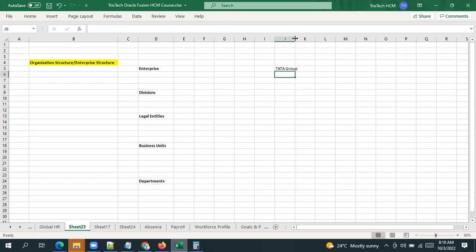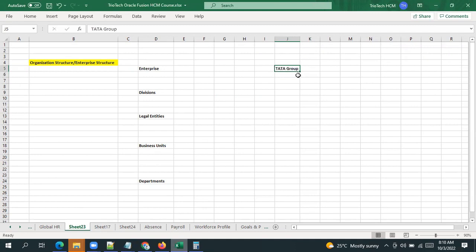So now you understood the concept of enterprise. Whenever you're going for an implementation for any client that you got the project for, in your client's organization, what is the top ultimate mother holding group? You identify that as an enterprise in the system, team.